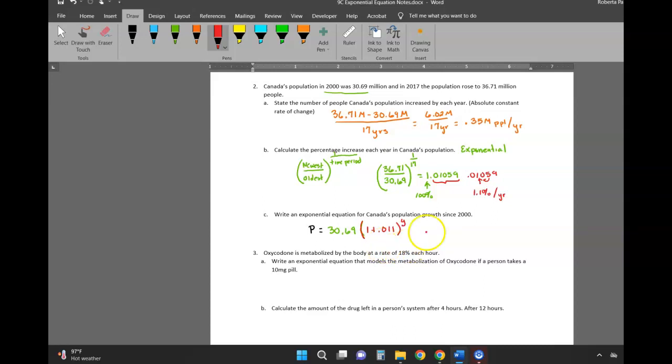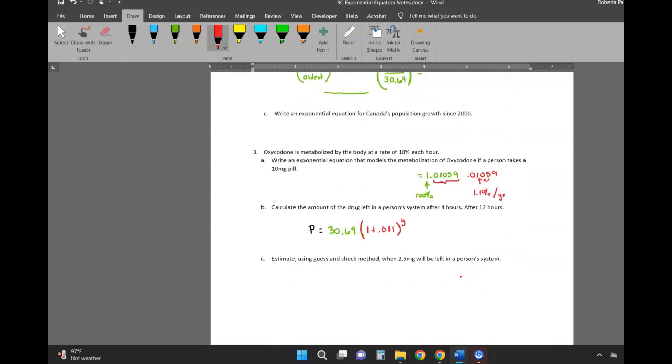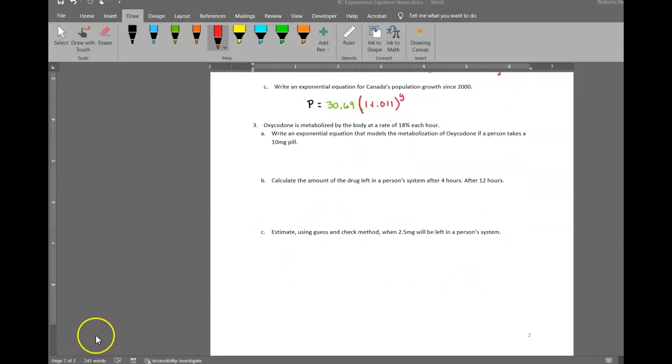All right. So now let's look at a decreasing one. In this decreasing situation, oxycodone is metabolized by the body at a rate of 18% per hour. So there is our exponential.